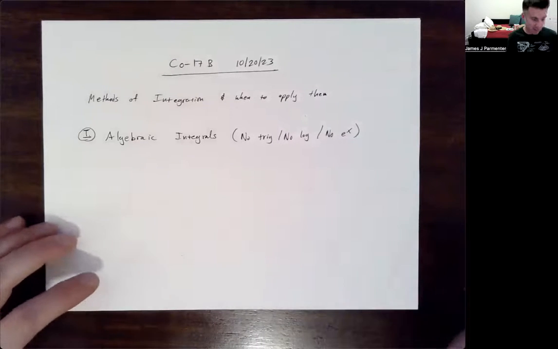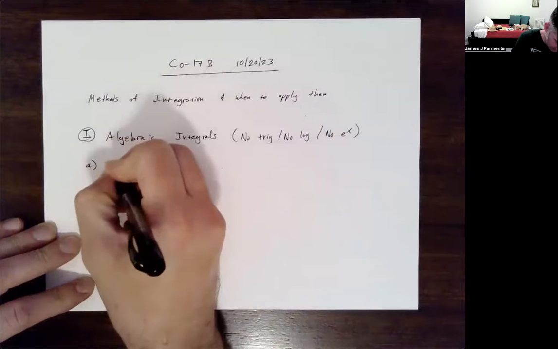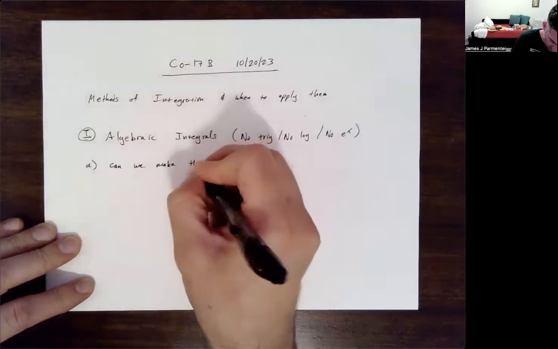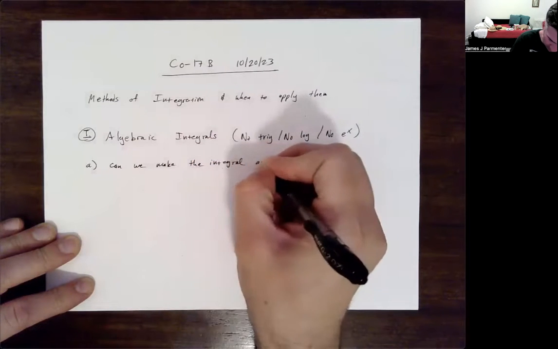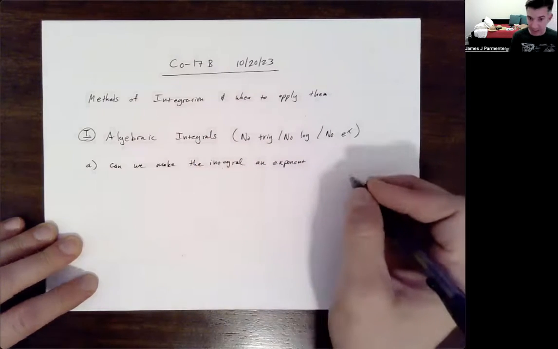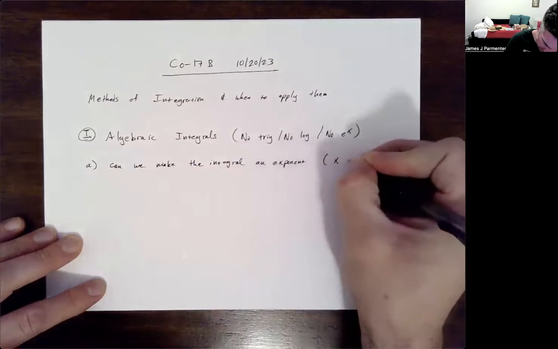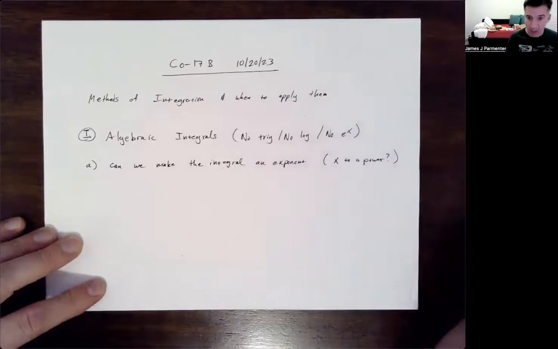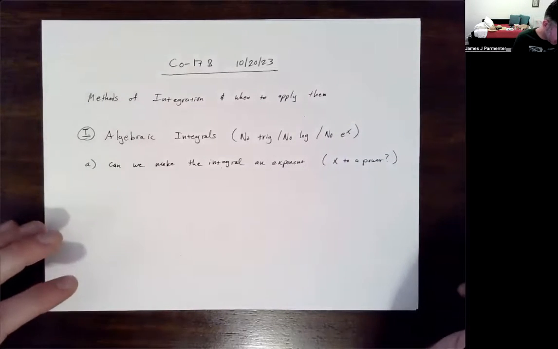So the first thing we ask really is just, can we make the integral an exponent problem? Now, I know when I say exponential, I usually mean e to the x, but when I say exponent, I mean x to a power. In other words, can we simplify our integral? Let's look at some examples.